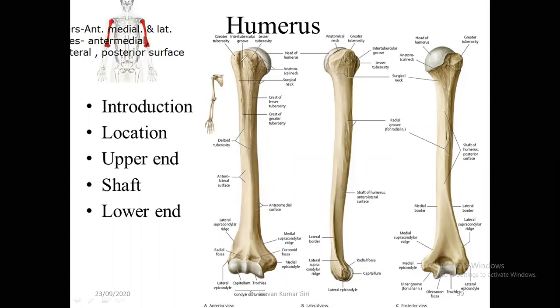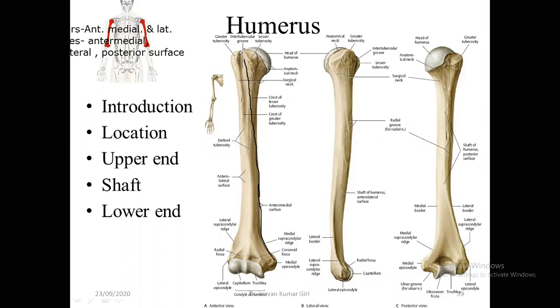Here is the medial lip of the bicipital groove. This lip continues with the medial border, and in the lower part it forms the medial supracondylar ridge.